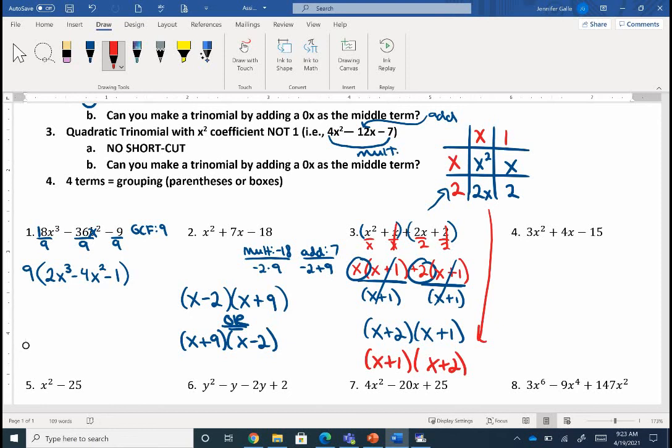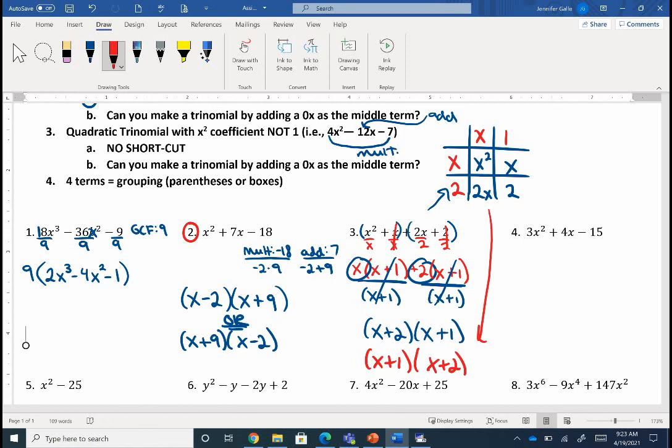All right, so far we've used GCF. We did the quadratic trinomial shortcut where the x squared coefficient is 1. In number 3, we just did a grouping. Now in number 4, let's go through and see what might work. Always try GCF first, even if you think, oh, hey, this looks like it's going to be a quadratic trinomial, or hey, this is going to be grouping. Always try GCF first.